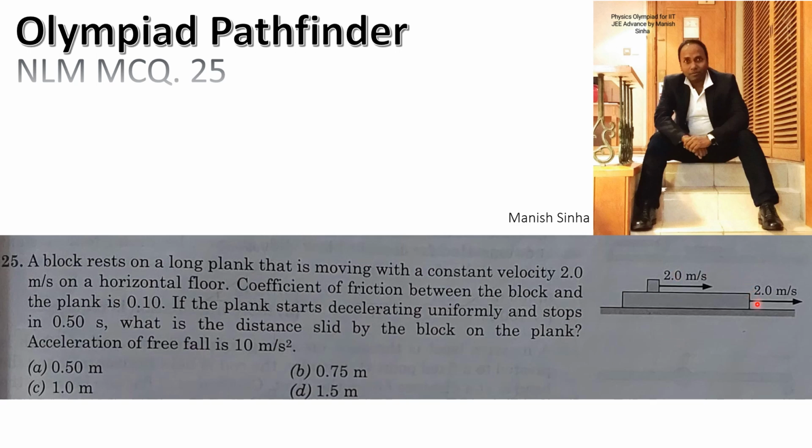So both the block and the plank are moving with 2 meter per second, so there is no relative motion between the block and the plank. It is moving as if the block is intact with the plank. Okay, so let us solve this question.